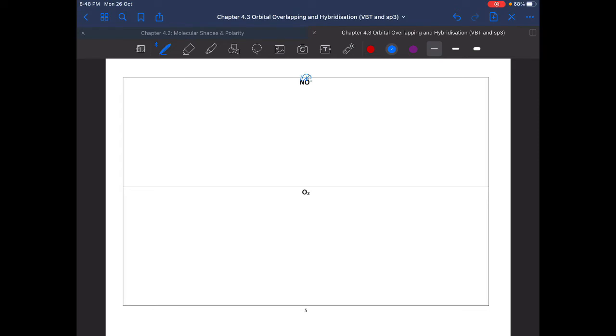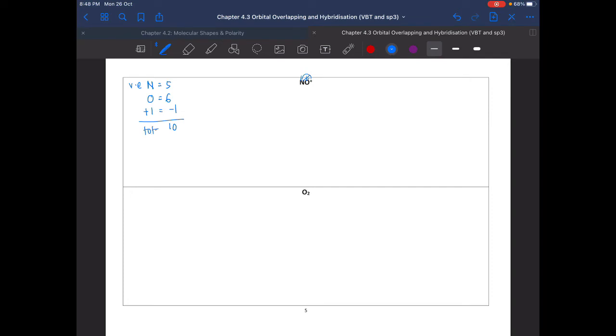So how do we know? We have to draw its Lewis structure. Valence electron for nitrogen is 5, oxygen is 6. And then the charge plus 1 means we need to minus 1. So 11 minus 1 is 10.